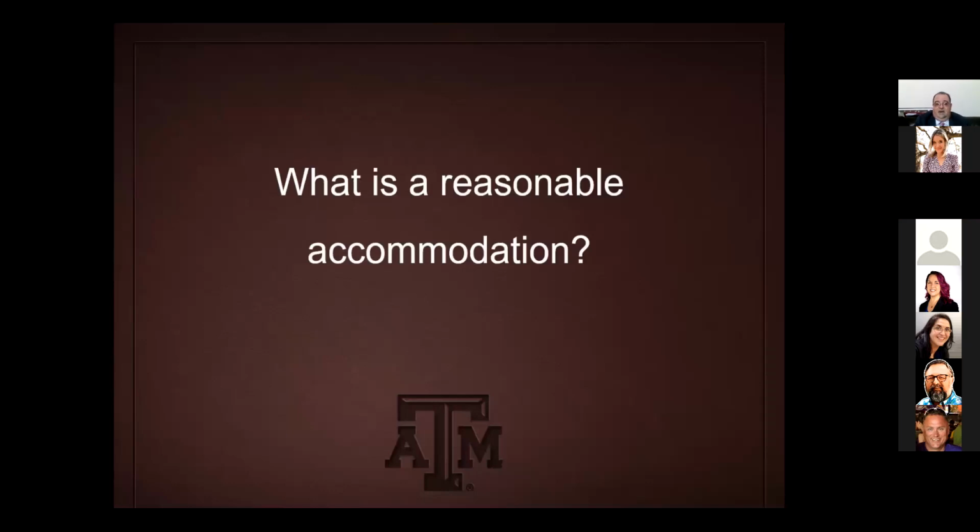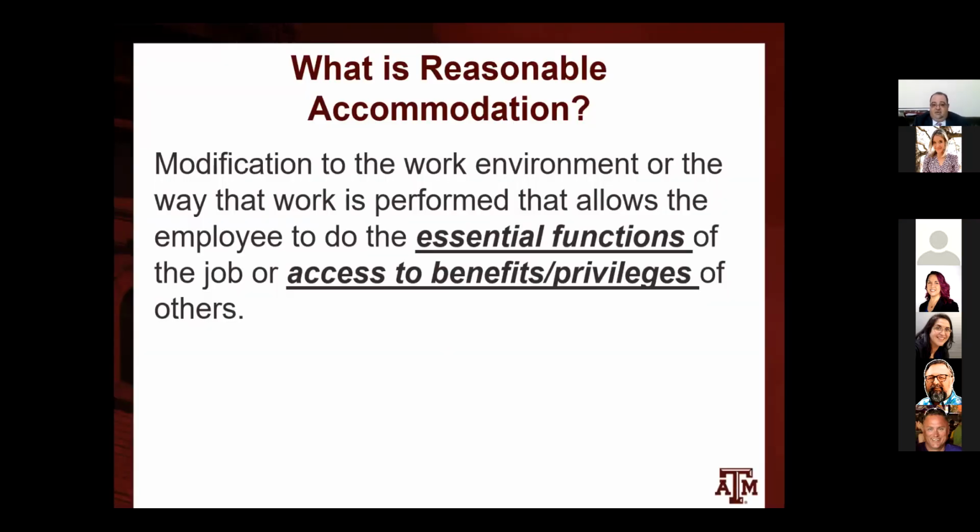A reasonable accommodation is a modification to the work environment or the way that the work is performed that allows employees to perform the essential functions of their job or access to the benefits and privileges that others enjoy. The two main characteristics of a reasonable accommodation: an employee still must perform the essential functions of the job.